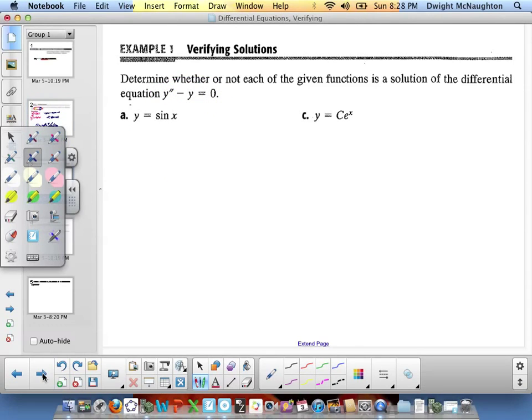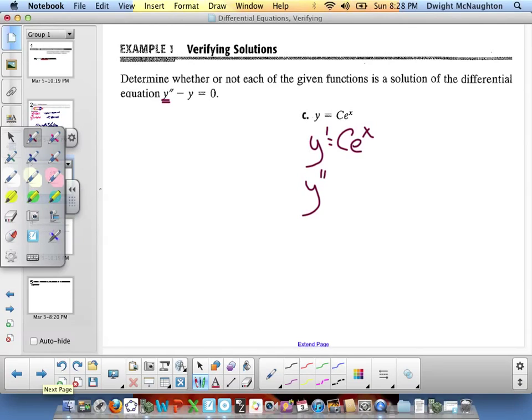Our next equation is y equals ce to the x. Again, we need to plug and chug. We need to plug it into the differential equation. First thing we need to plug in is the second derivative. Our first derivative is ce to the x, by the constant rule, and it's e to the x.